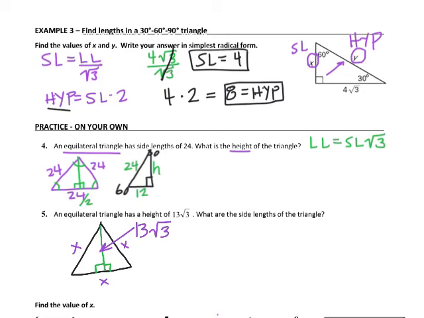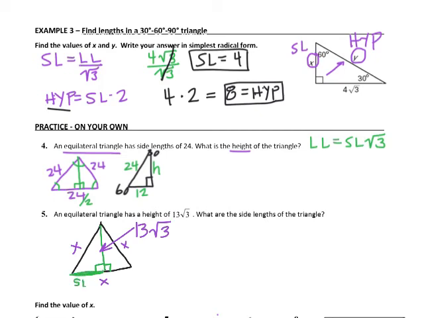And so there's a couple ways we could do it. I think that just looking for the length of the hypotenuse is going to be the easiest. But you can also find the short leg, and the short leg is going to be the long leg divided by 3. So let's go ahead and do that. Now what I mean by the short leg is this length right here, half of one of the sides.